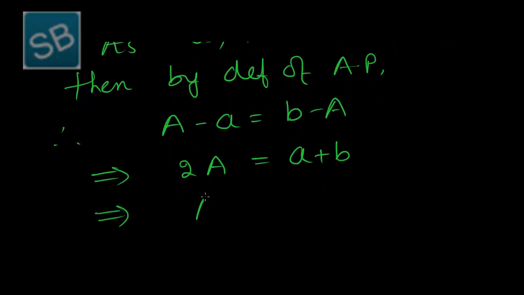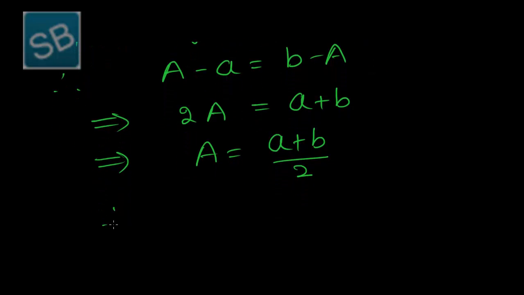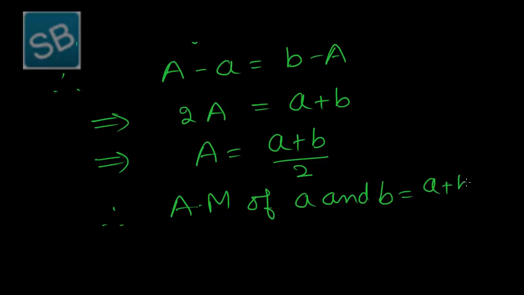That gives capital A is equal to a plus b over 2. Therefore, AM of a and b is a plus b over 2. That is the case when we have three consecutive terms, then the middle term is the AM of the terms at the endpoints.